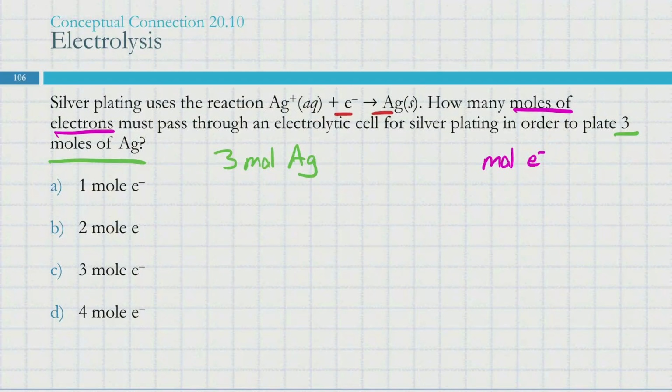We've got no coefficients in front of our silver or our electron, so it's a 1 to 1 ratio. So we would have to put 1 electron in to get 1 silver out. So it would be 3 moles of electrons.